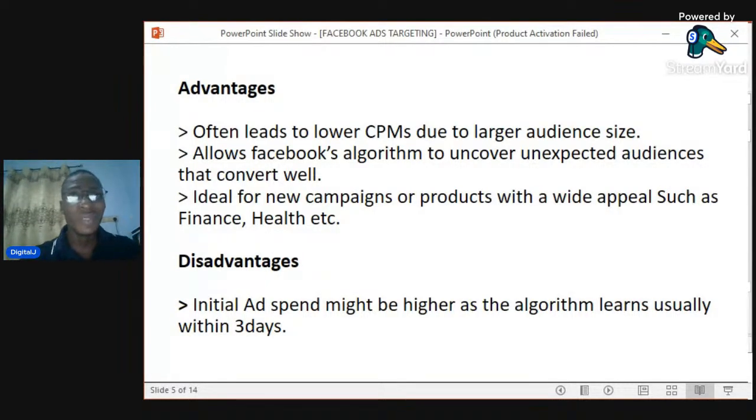If you are promoting something that has to do with make money online, like all this affiliate stuff, internet stuff, just do broad targeting. There's really no need to do interest.